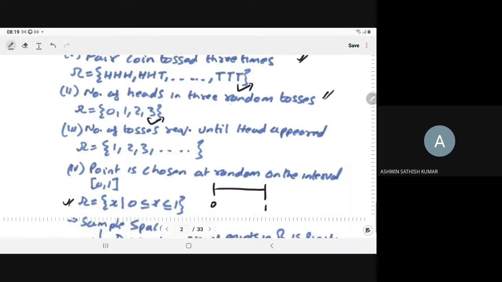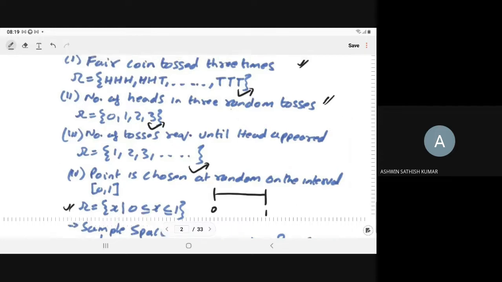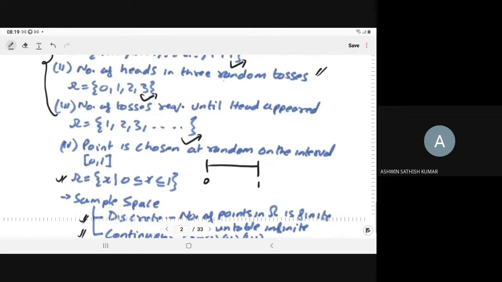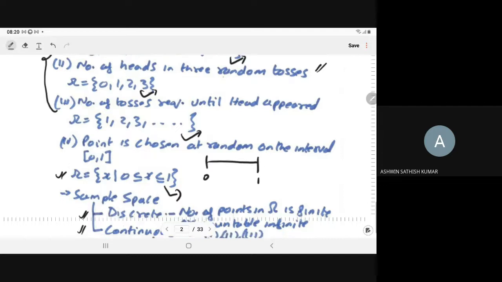In this case, the sample points or elementary events are infinite, but they are countably infinite. So the first three are discrete sample spaces, but in the fourth, we have uncountable sample points.